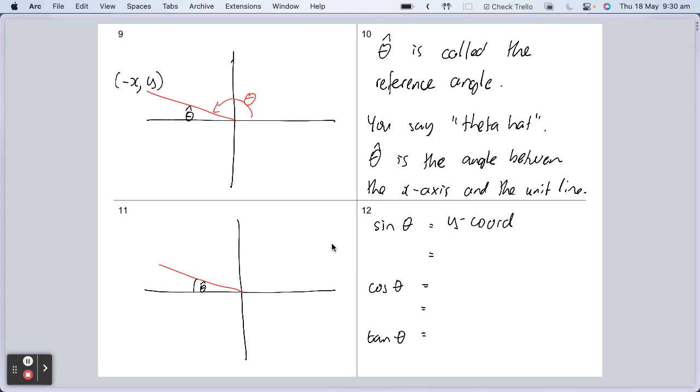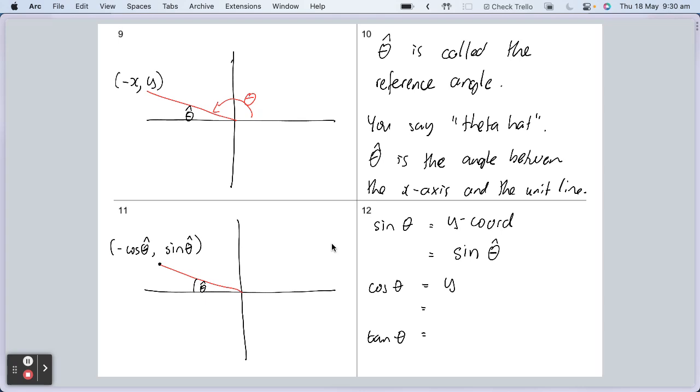And the y coordinate is going to be the sine of theta hat. I'll even put it onto this diagram so that you can see it. The x coordinate is going to be negative cos theta hat, and the y coordinate is going to be sine theta hat. That's the x and y coordinate.